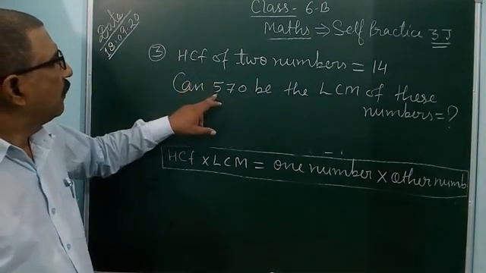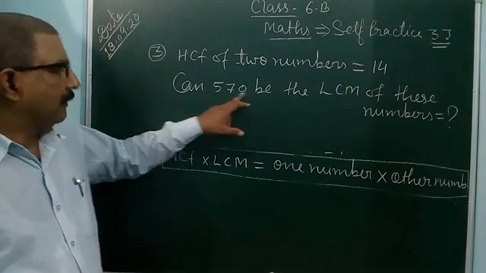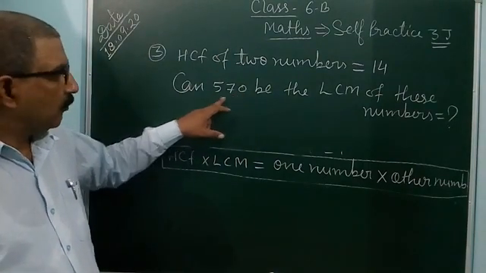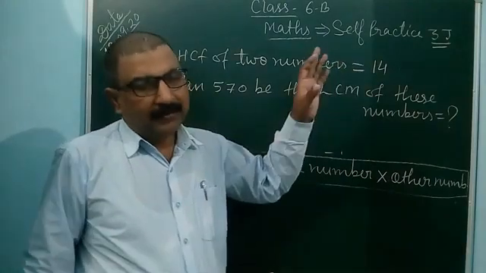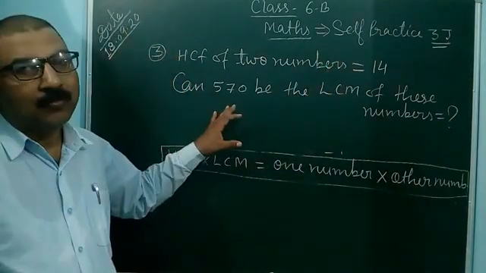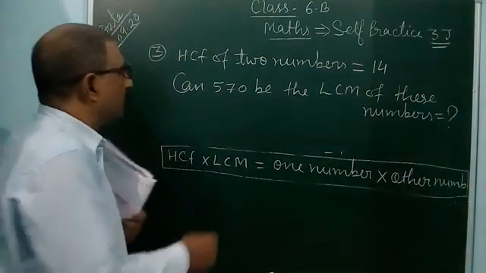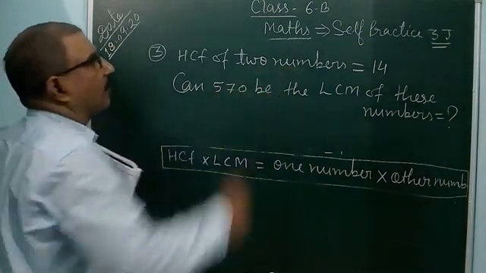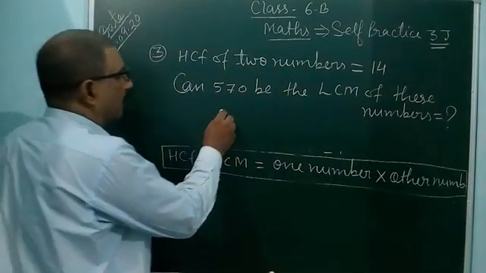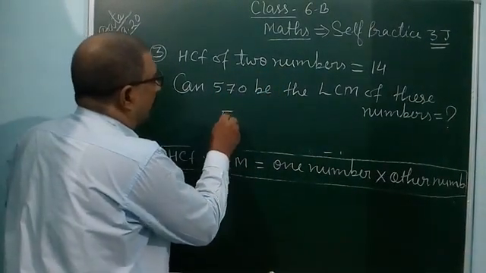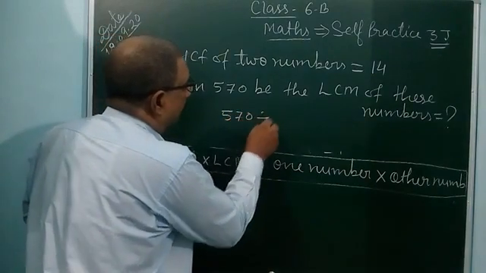So if 570 is divisible by 14, in this case the statement is true. We find out: is 570 divisible by 14?